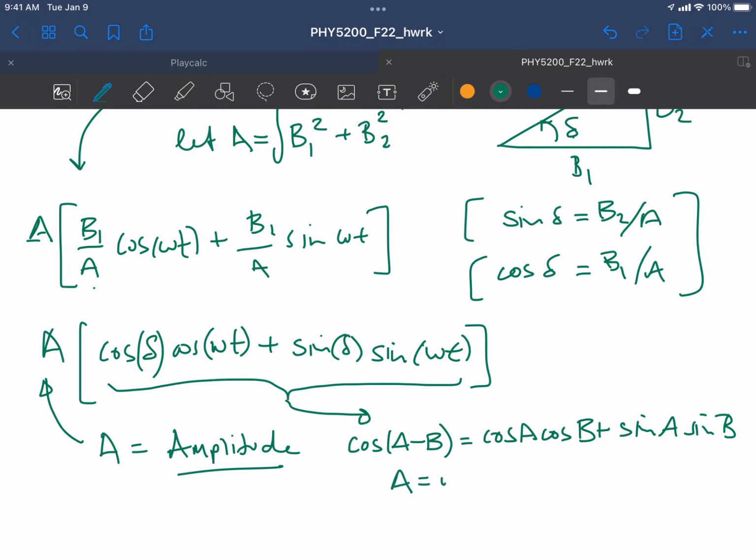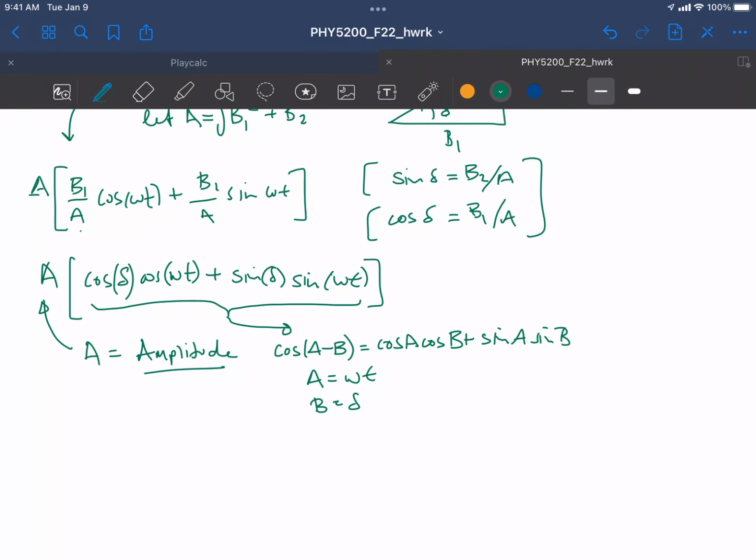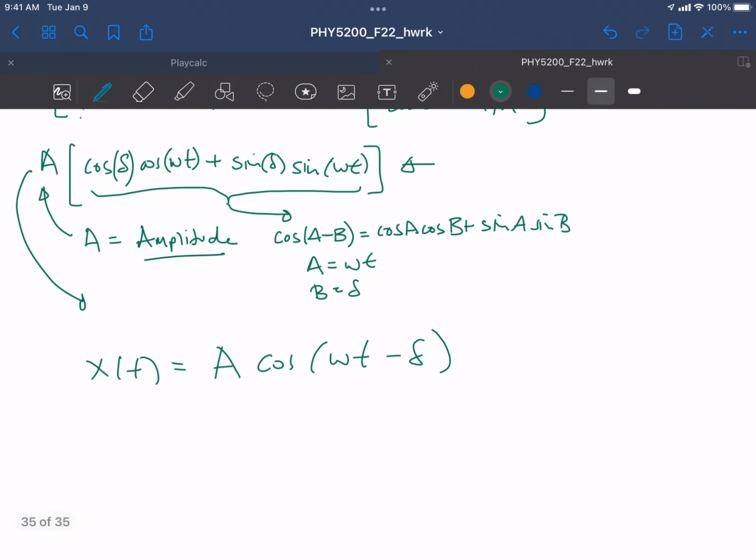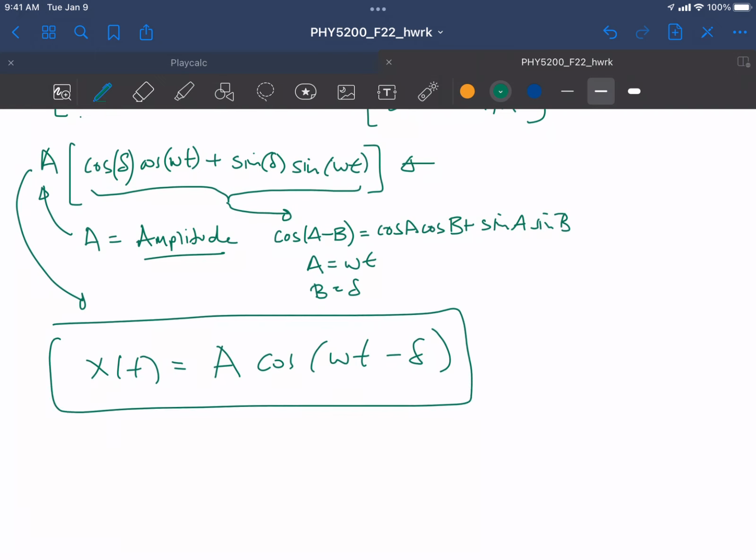Here we have A equal to omega t and B equal to delta, because we're looking at this form. If you do this replacement, you find that x of t becomes a times cosine of omega t minus delta. All right, so now this is yet another solution for our harmonic oscillator, and this gives us the position as a function of any time.